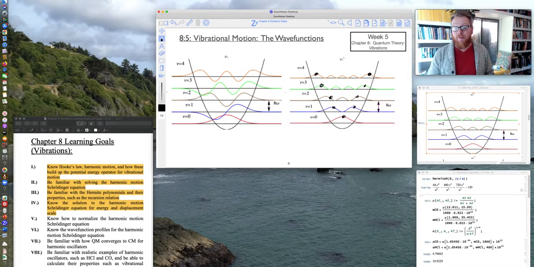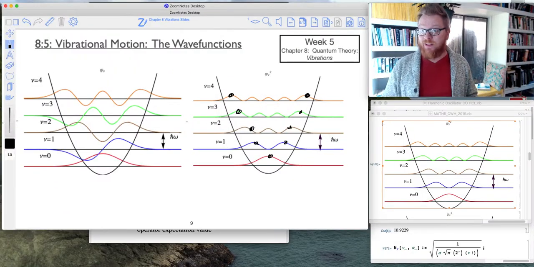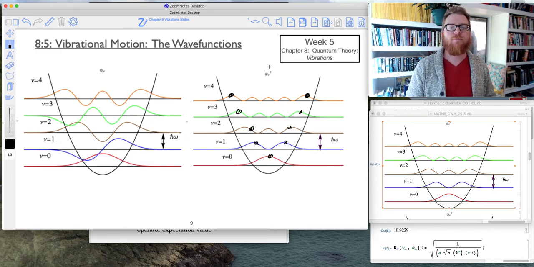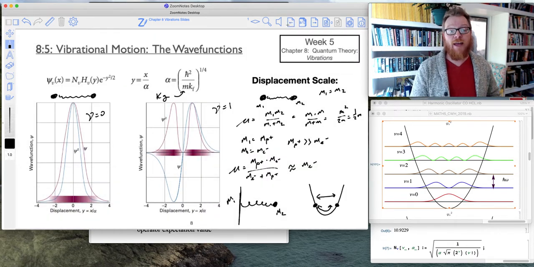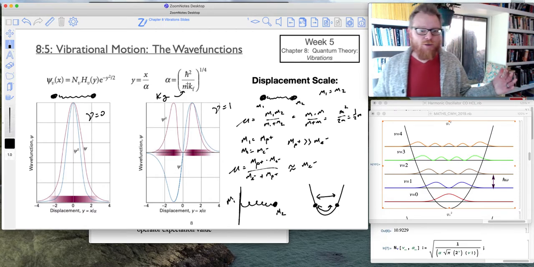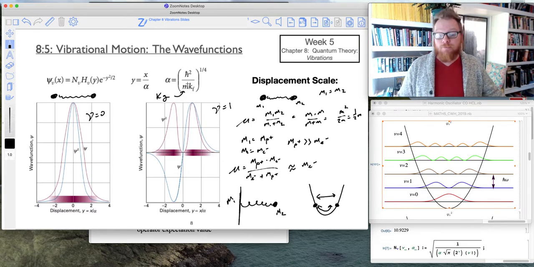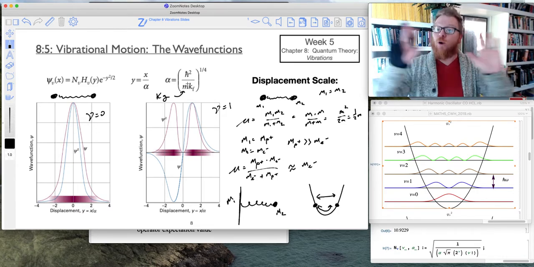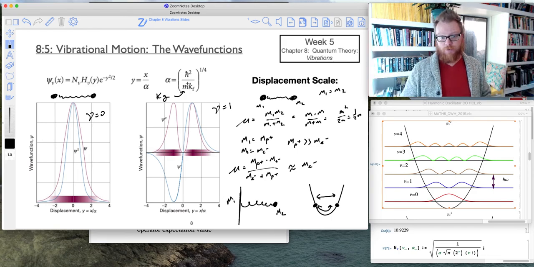And that displacement, the displacement scale we were talking about just now, depends on the oscillator strength, Kf, and also depends on the mass, right? If we're talking about this electron-proton system, or maybe we're talking about hydrogen chloride, a hydrogen and a chlorine vibrating back and forth, okay?